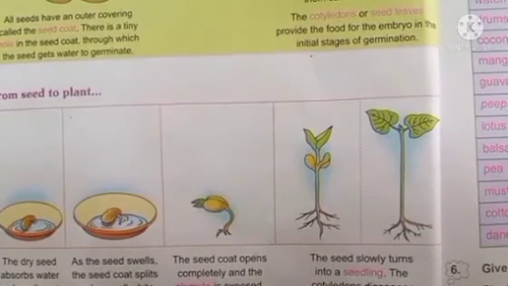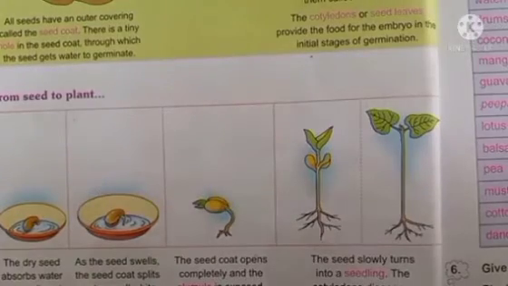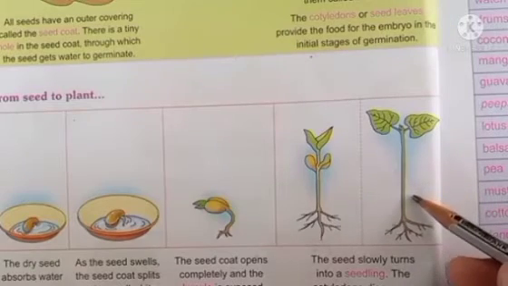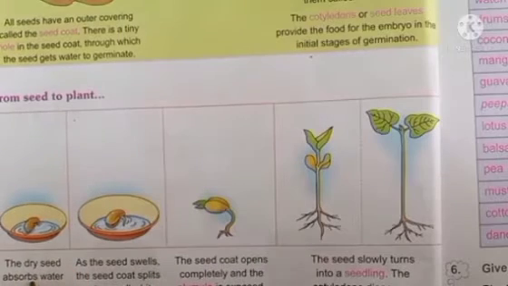See dear students, in this picture you can see a seed growing into a plant. These are the stages. The dry seed absorbs water and swells out.